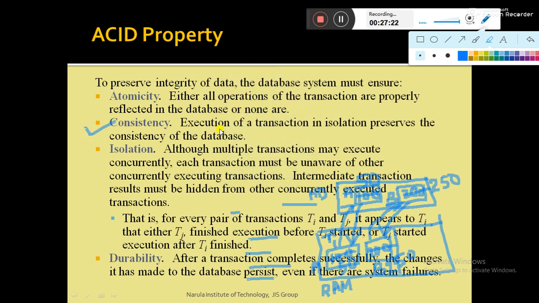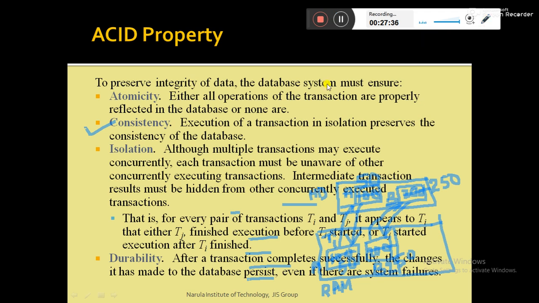Now the consistency property. The consistency requirement here is that the sum of A and B must be unchanged by the execution of the transaction. Without the consistency requirement, money may be created or destroyed by the transaction.